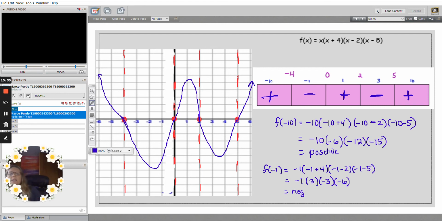So that's a rough sketch of your graph. Notice I don't have the y-axis labeled at all, because I didn't want to go to -54 on a coordinate plane like that. Sometimes the values can get really big, so it's best not to have any numbers on your y-axis when you're just trying to sketch the graph.